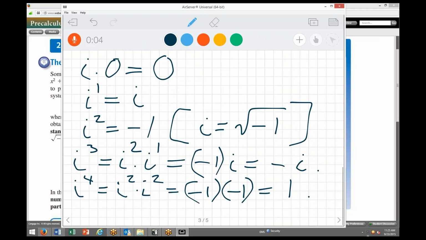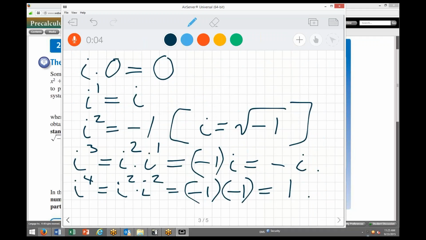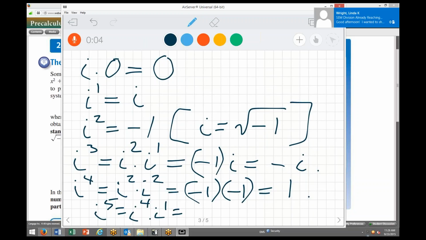And let's continue this on. So what about i to the fifth? Well, i to the fifth then is i to the fourth times i to the first, which is just 1 times i.